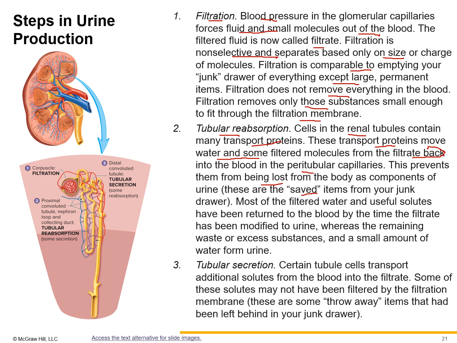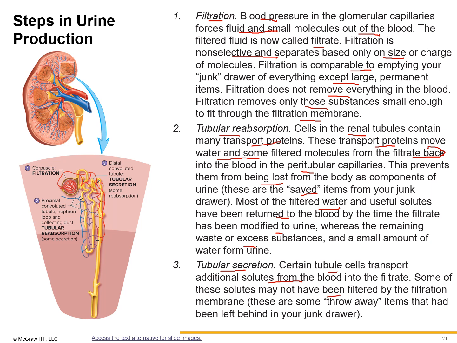So most of the filtered water and useful solutes get returned to the blood by the time the filtrate is modified to urine. Everything else, though, the waste and the excess, is going to go through the urine. And then finally, we have tubular secretion. Some of those tubule cells actually transport additional solutes from the blood into the filtrate.